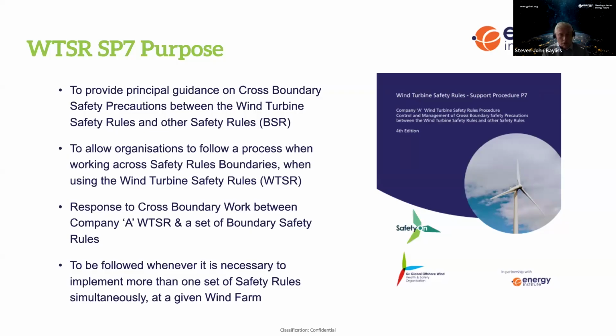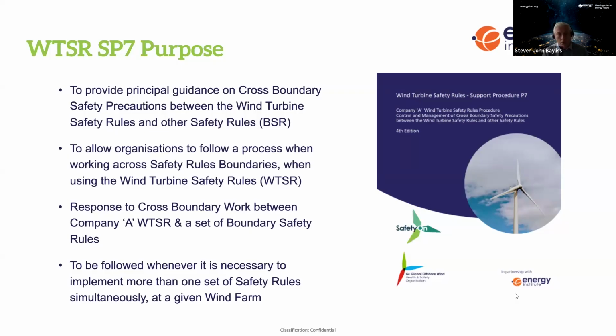Again, it was a response to cross-boundary work between Company A WTSR and a set of boundary safety rules, and it should be followed when it is necessary to implement more than one set of safety rules simultaneously at a given wind farm. Okay, that's in section 1 of the document.